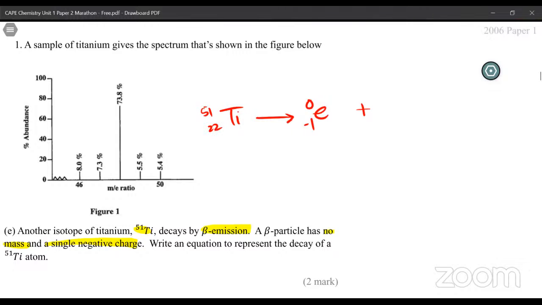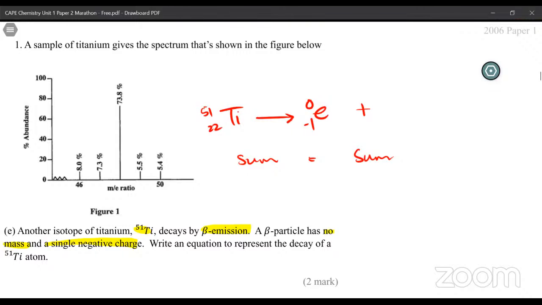Now, whenever you look over here, the sum of the things over here should be equal to the sum on the other side of the arrow, right? So you have 51 as the mass number here. The mass number over here has to be 51. And 0 plus what would be equal to 51?